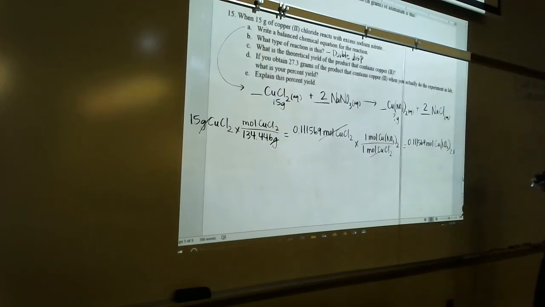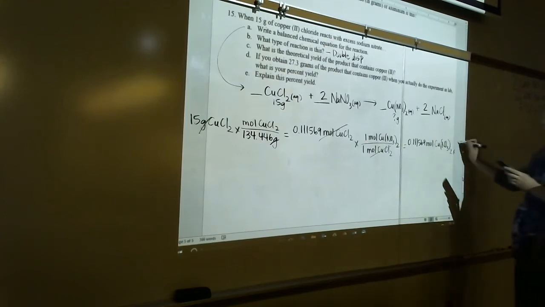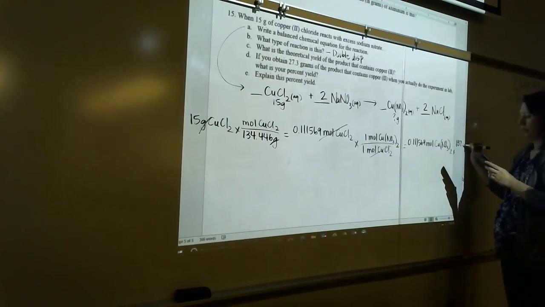Now I've got to calculate the molar mass of this. Let's see. What are all the decimal places on copper again? 63.546. 187.546.